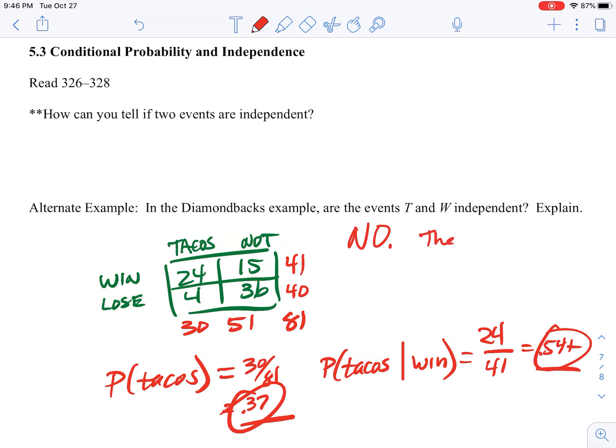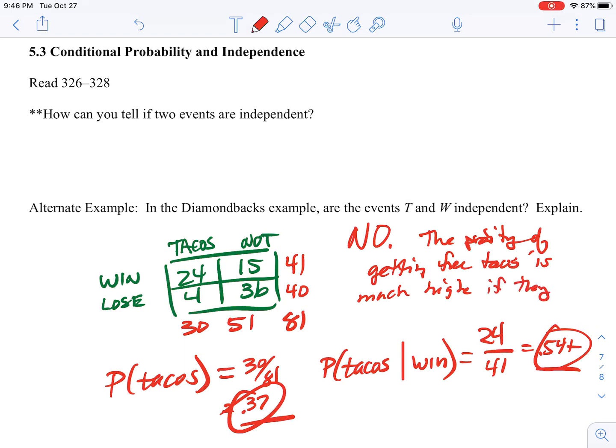No. The probability of getting free tacos is much higher if they win, which is common sense as well. If they win, they score more runs, and they would have a higher chance of getting free tacos. And you've got the work there that backs that up. So it's at least 12 or 15%, it looks like, maybe higher than that.